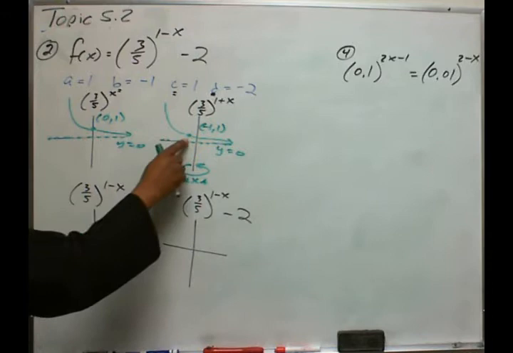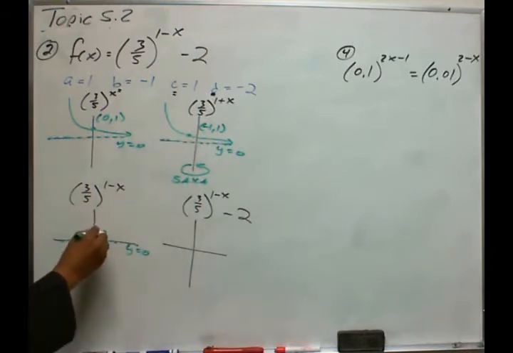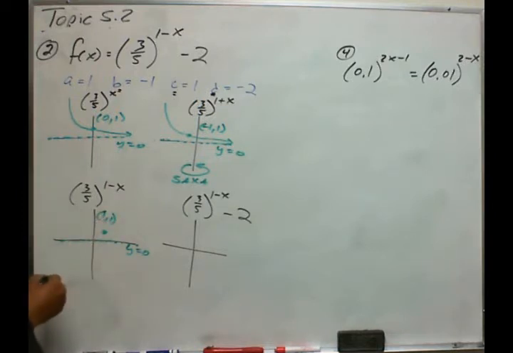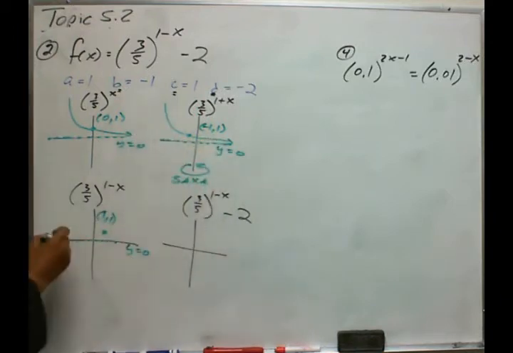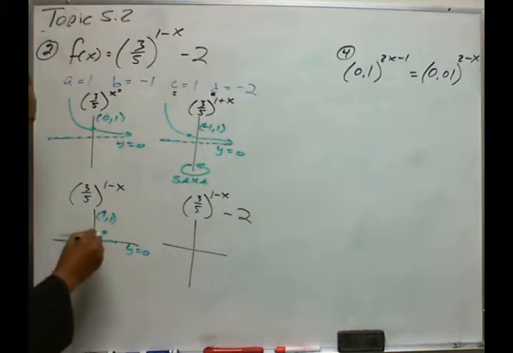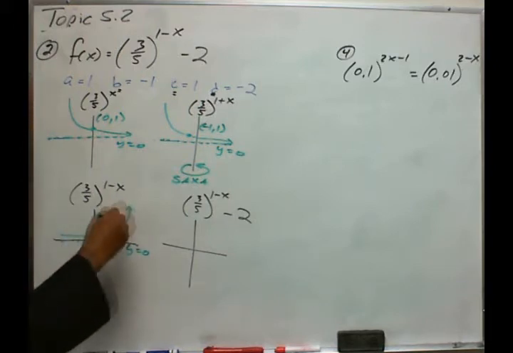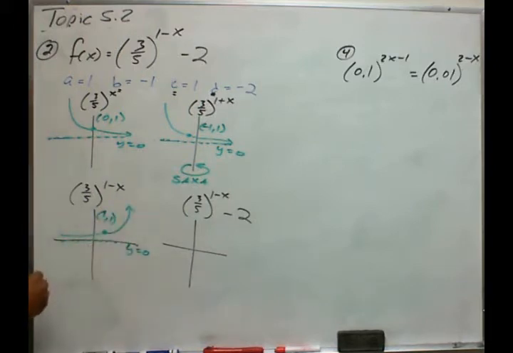When we flip the point 1, 1 across the y-axis, it goes to this side and becomes the point -1, 1. The orientation also changes. From a rapid to slow decay, we get a slow to rapid increase or growth.